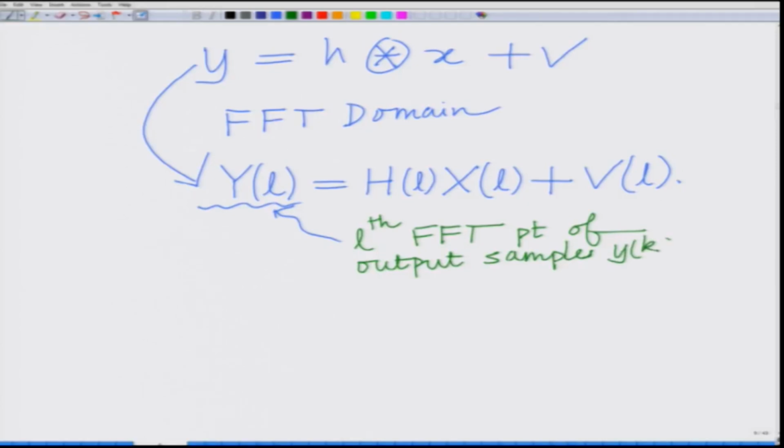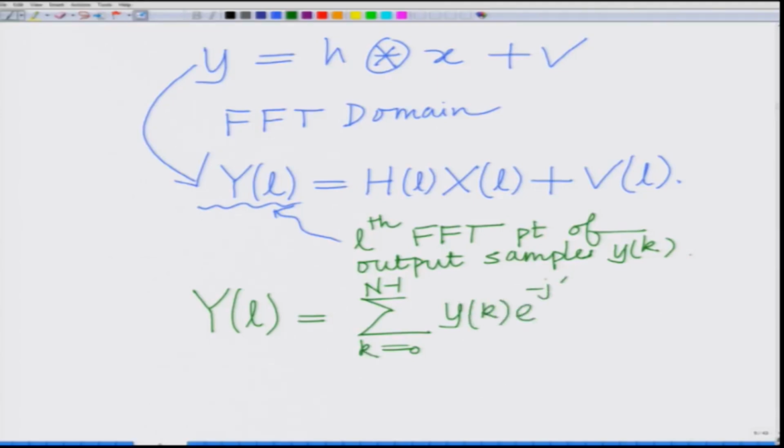Your small yk. Therefore, capital Y of l, as we have seen yesterday, is given as the sum over small k equal to 0 to N minus 1 of yk e power minus j pi by 2 times kl.